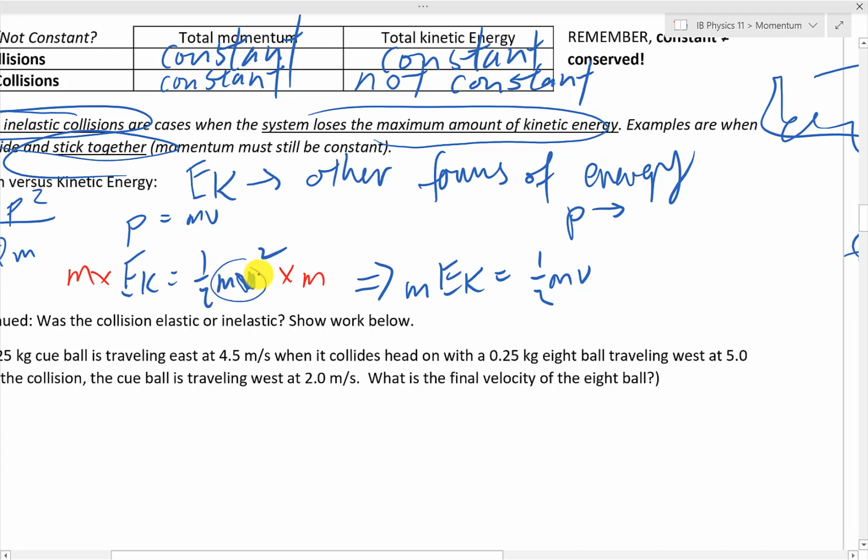I have mv, and then I have another mv, so I'm going to put mv, and then since I'm multiplying by another m, I get m again, and that other v I'm going to put right beside my m. And because mv is p, momentum, I can just write this as p instead. What's p times p? I get p squared.